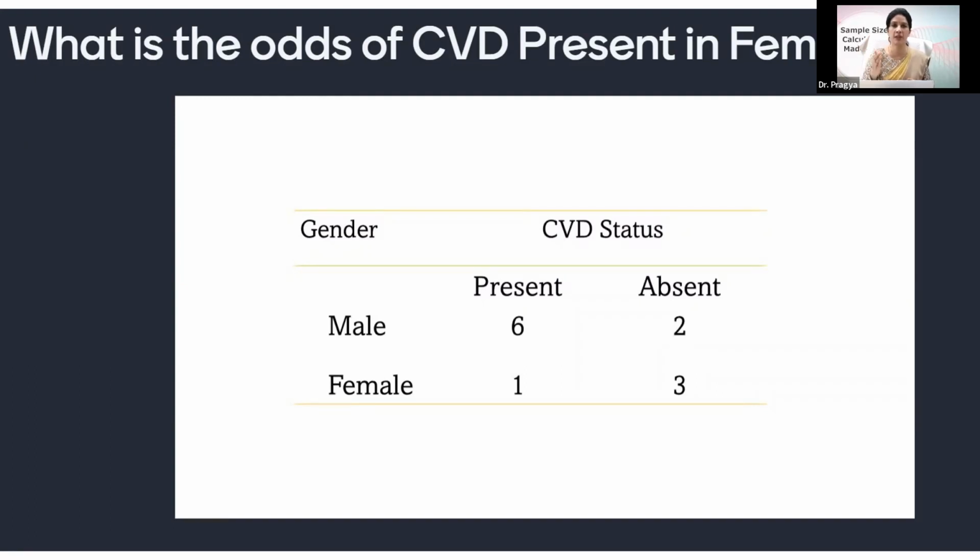Please write in the chat box. Yes, so now you got it right. It is 1/3. So before you calculate the odds ratio, first try calculating odds, because definitely the odds ratio will be the odds of disease in male and odds of disease in female. So yes, you are right, it is 1/3.